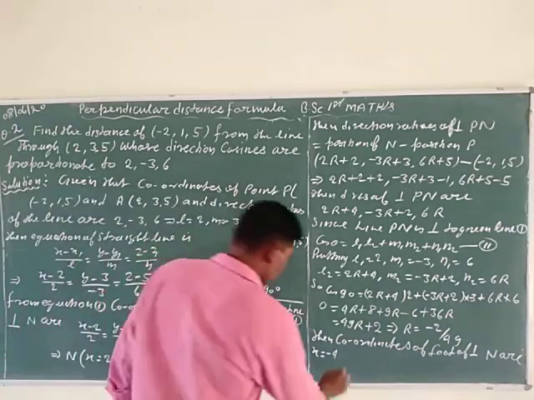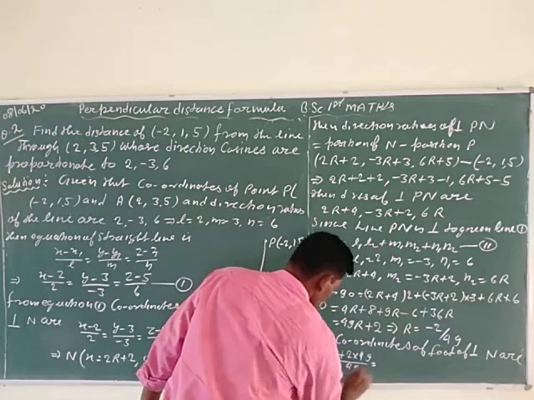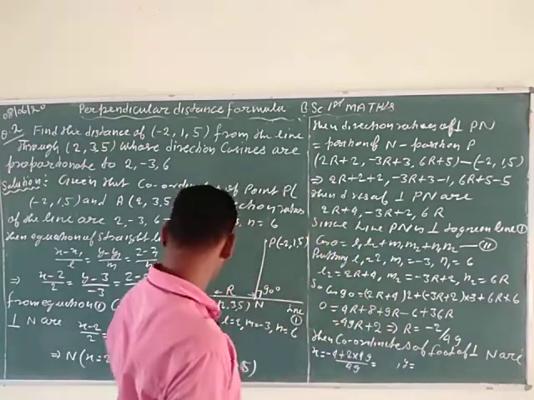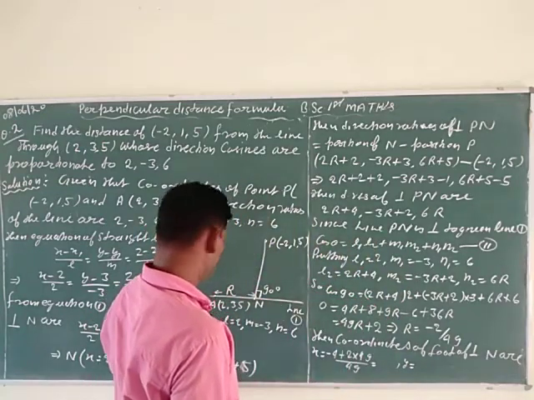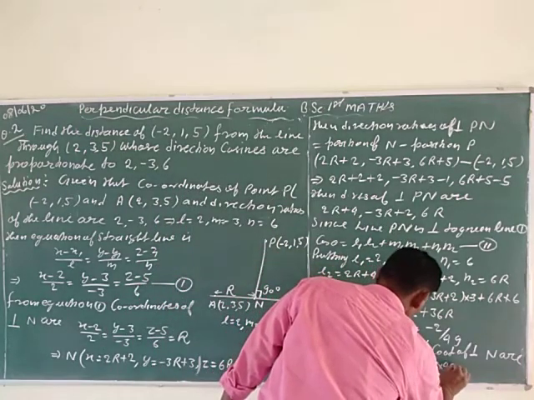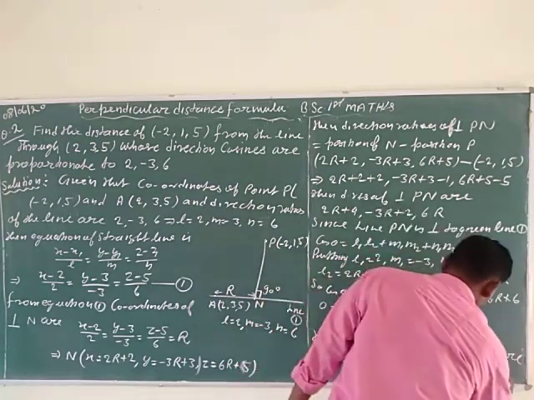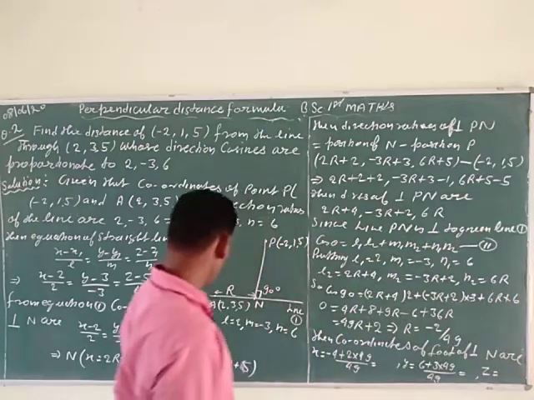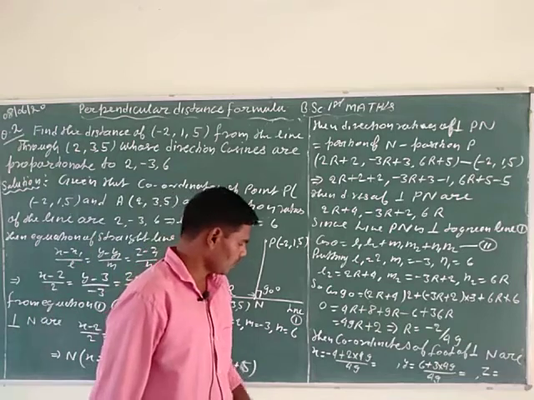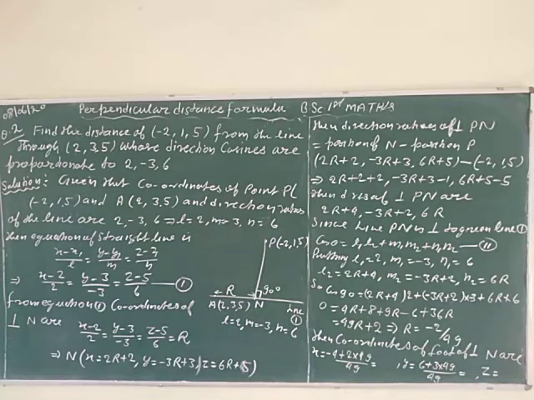49 multiplied by 2 plus 2 into 49 by 49 is equal to x, and y is equal to -3r plus 3, means 6 plus 3 into 49 by 49, and at last z is equal to, similarly putting the value of r in z, 6r plus 5, then the coordinates of x, y and z after simplification give these values.